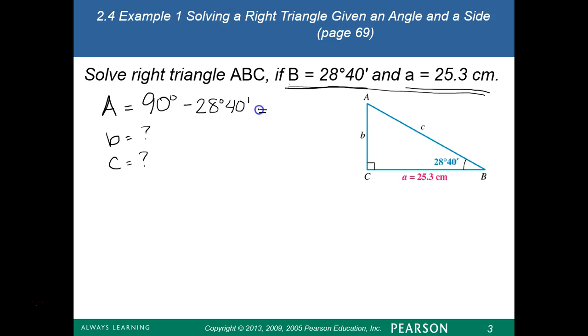Do that calculation, and if it's in degrees and minutes, then I want your answer also in degrees and minutes, not in decimal degrees. Okay, so let's put this in degrees and minutes, just like our value for angle B is in. All right, so A is equal to, if you do this calculation correctly, you should get 61 degrees and 20 minutes.